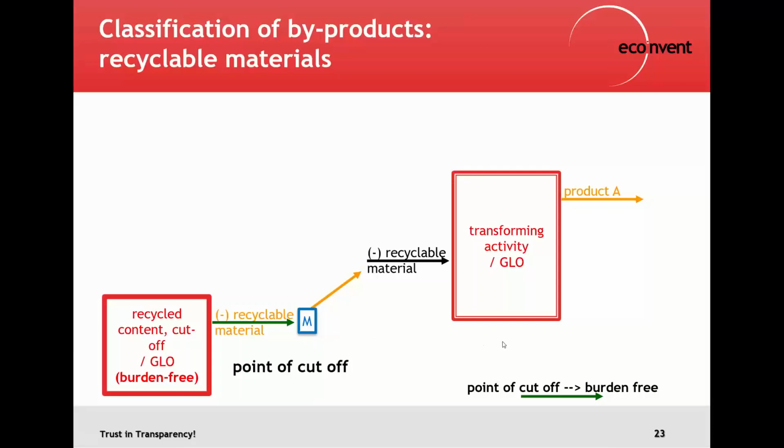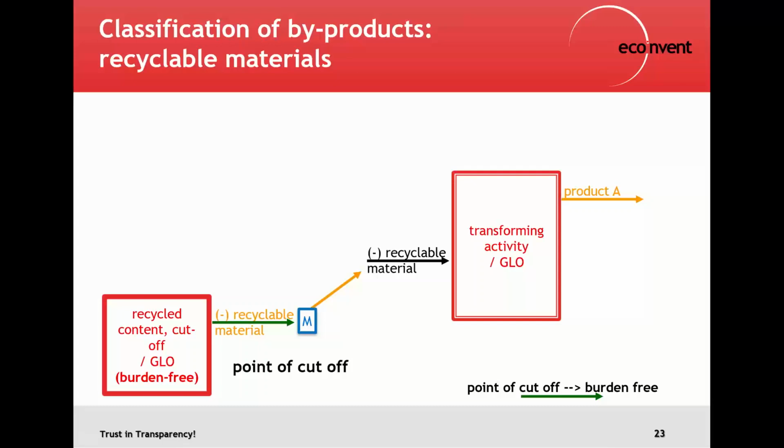The use of those recyclable materials as an input for a recycling activity downstream in the value chain is also free. They are provided burden-free to demanding activities through this same recycled content cutoff activity.